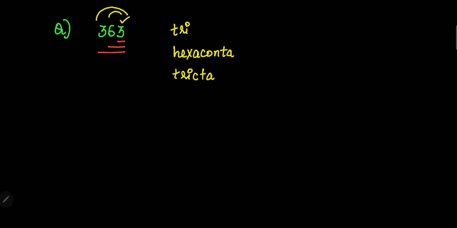Okay. Let us club all three. So the name of 363 is trihexacontatricta. If it is a 363 carbon alkane, we call it trihexacontatrictane.